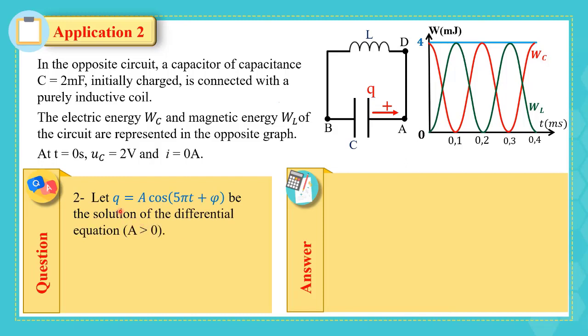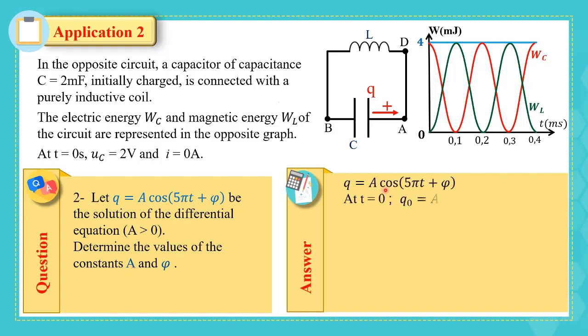Part 2. Let q equal A cosine(5 pi t plus phi) be the solution of the differential equation, where A is positive. Determine the values of constants A and phi. Since q equals A cosine(5 pi t plus phi), at t equals 0, q0 equals A cosine phi.